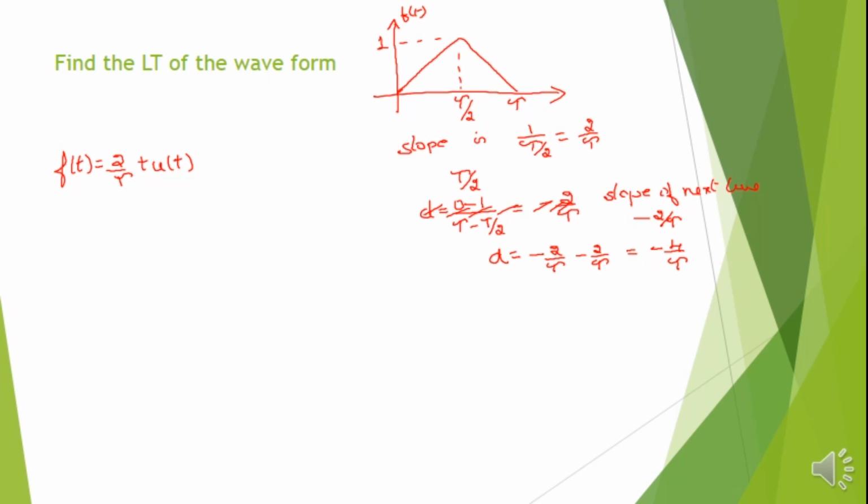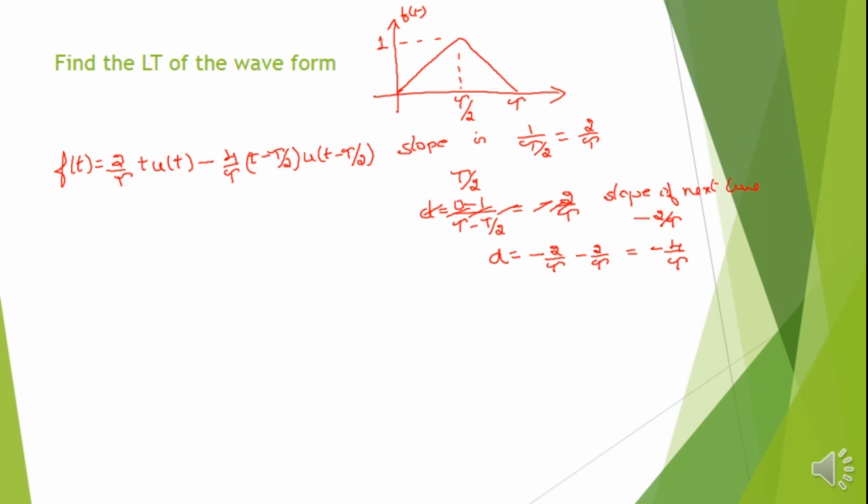So I need to add minus 4 by tau into t minus tau by 2 u of t minus tau by 2.